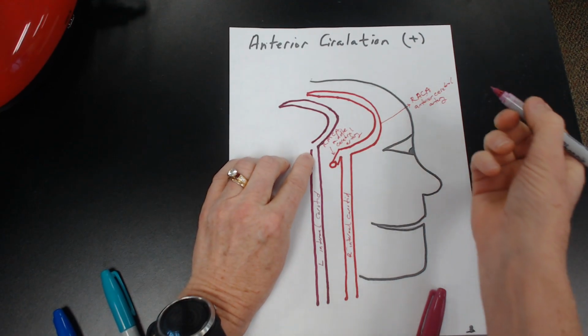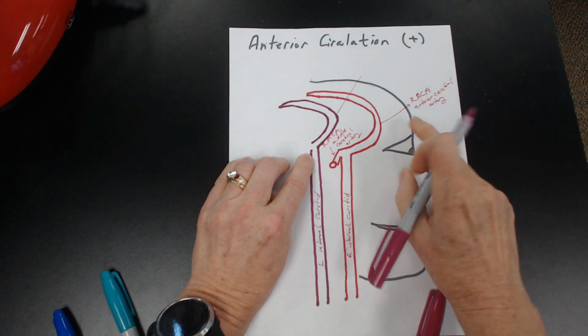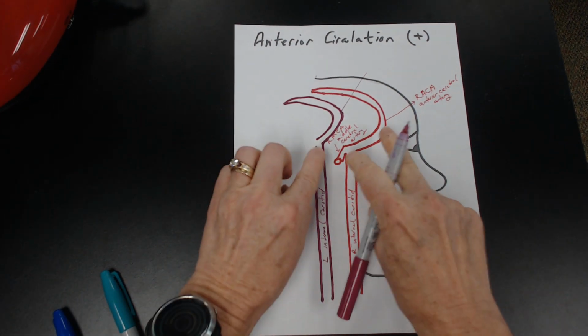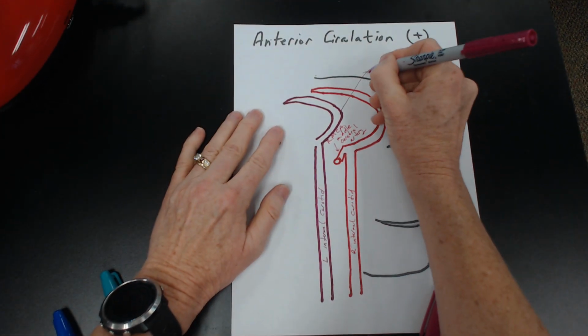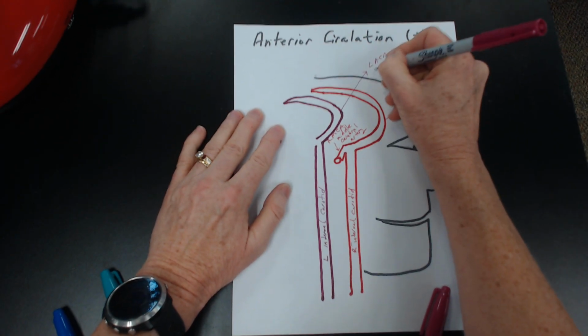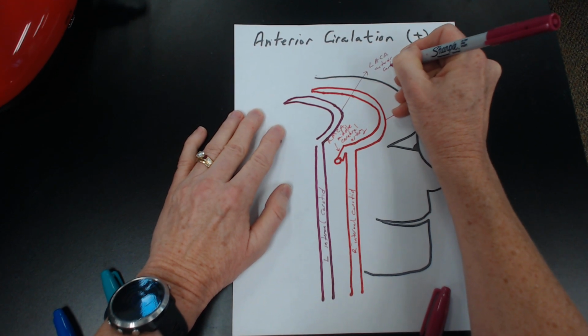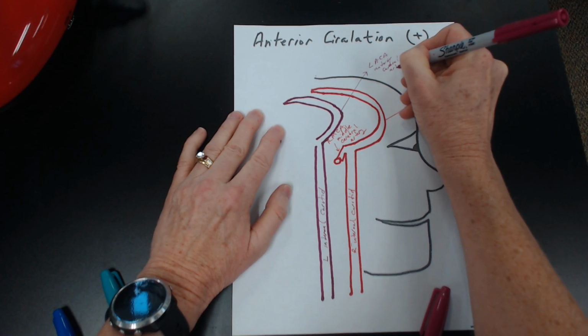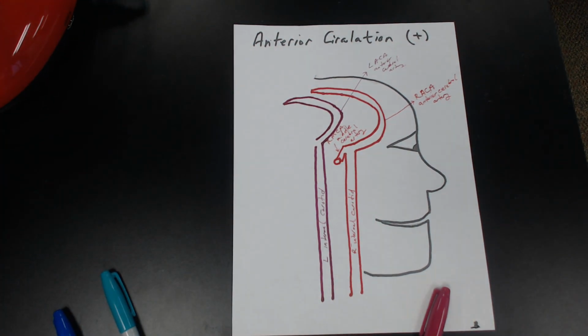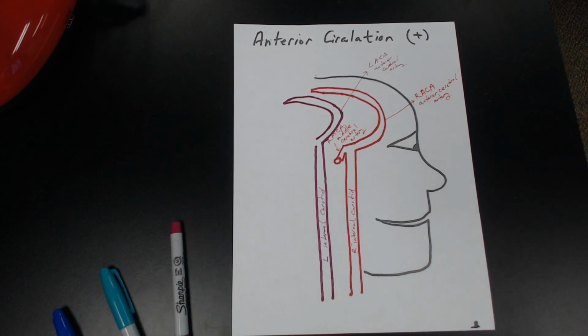What do you think that's called? No, there's one on this side. Yeah, this is going to be your left ACA, or left anterior cerebral artery. Good. And then this is going to be harder to depict, so I'm just going to put dotted lines.